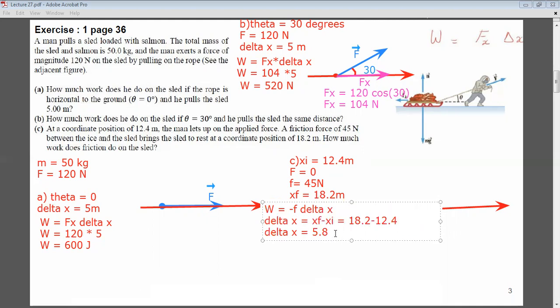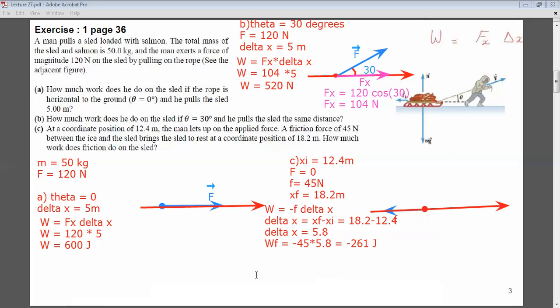Okay, so the work done by friction is equal to minus friction, which is 45 times 5.8, and the answer is minus 261. So this is how we apply the equation. Work is equal Fx delta x.